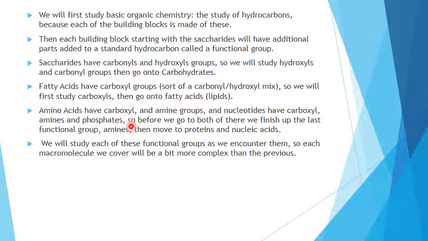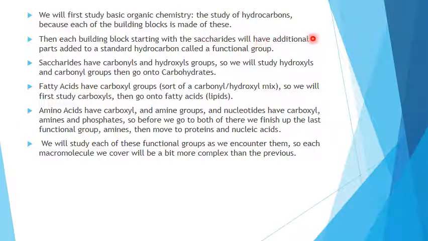Okay, and so forth. What we'll do is you'll see this. We're going to start out with hydrocarbons, and you're going to add these chemical groups to the hydrocarbons. So the first thing we'll do is take a hydrocarbon and add what we call a hydroxyl and a carbonyl, and we'll end up having a saccharide, a monosaccharide, like glucose.